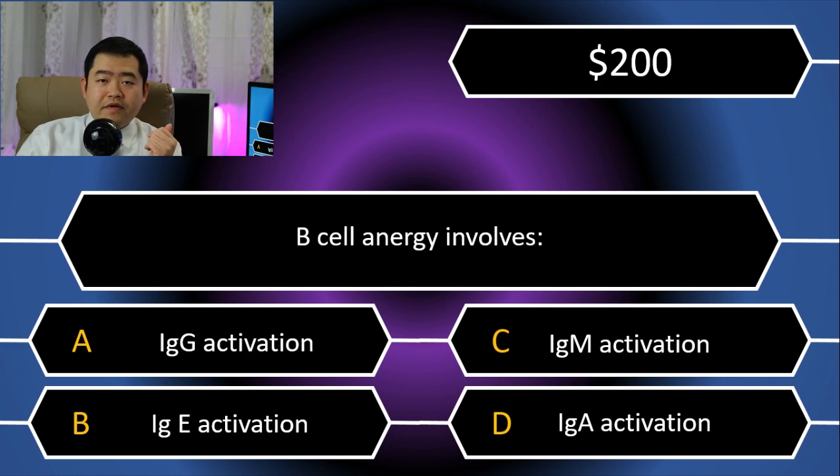What type of antibody is initially on the B cells? If you think of it that way, it's not that difficult. 1, 2, 3, 4, 5. Pull down the menu, put a click. Final answer. C, IgM activation.